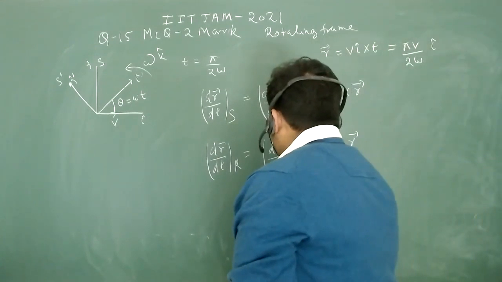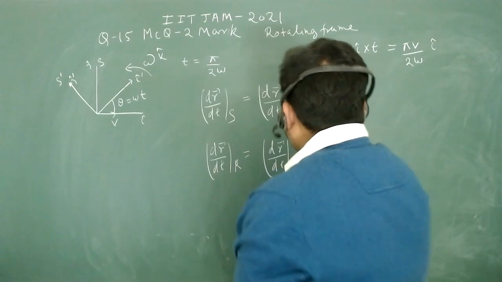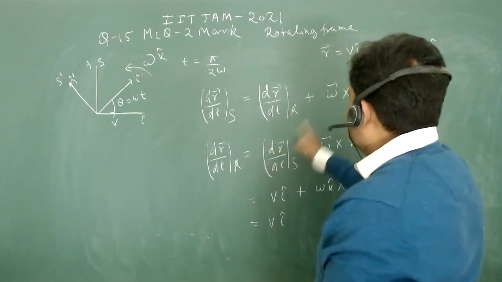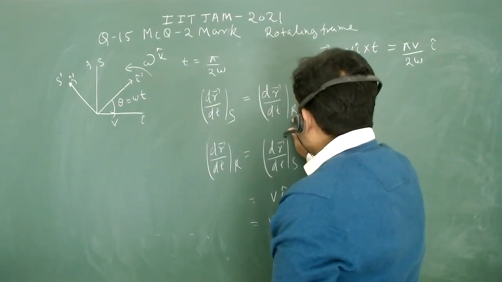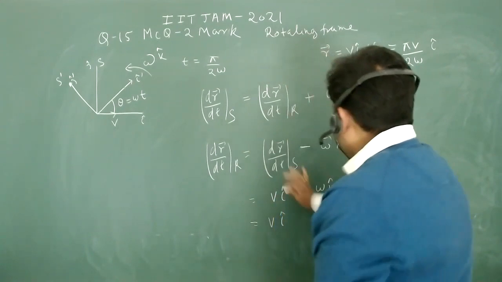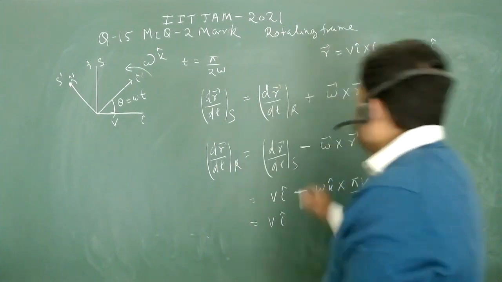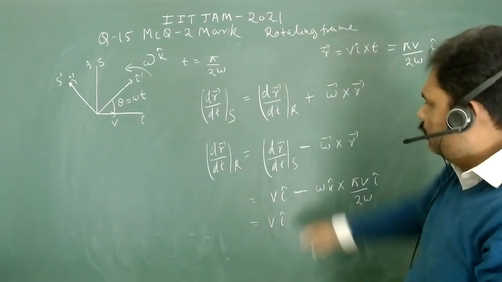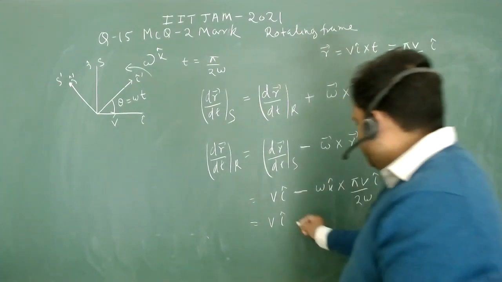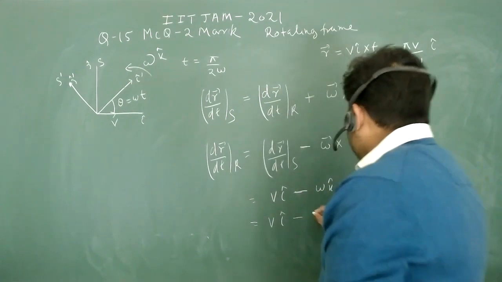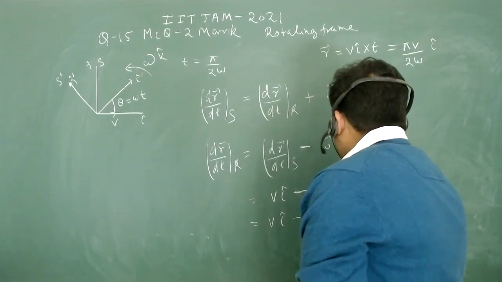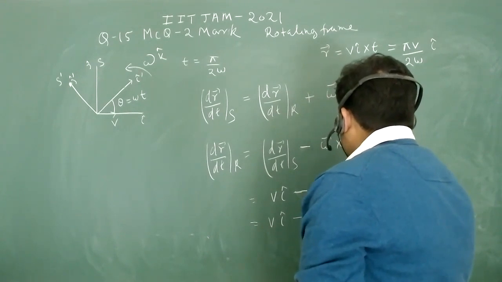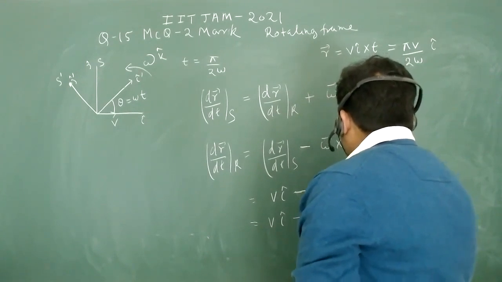So we have v i, and there will be a minus sign, because we are taking this to the other side. So the value is minus omega times pi v upon 2 omega, in the j cap direction.